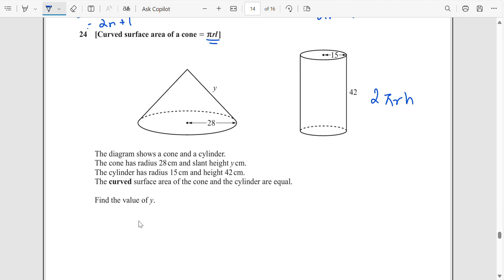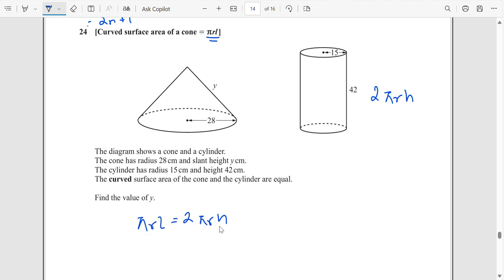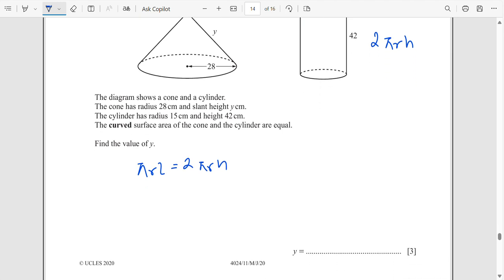So pi r l is equal to 2 pi r h. So for the cone, we'll have pi, r is 28, and l is y. And for the cylinder, 2 pi, r is 15, and h is 42.